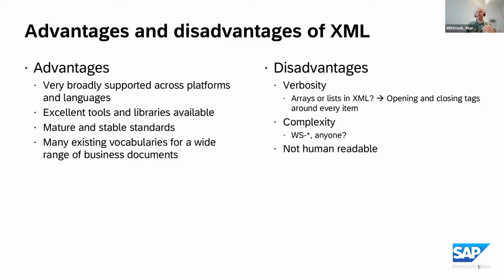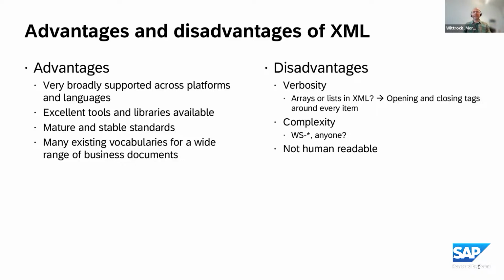And that means that if you have something like a list-like structure or an array in XML, then every single item will have a start tag and an end tag. If you want to make those tags more human-friendly, they will be longer, so they will be repeated a number of times for every item. So that does balloon the size of an XML document.